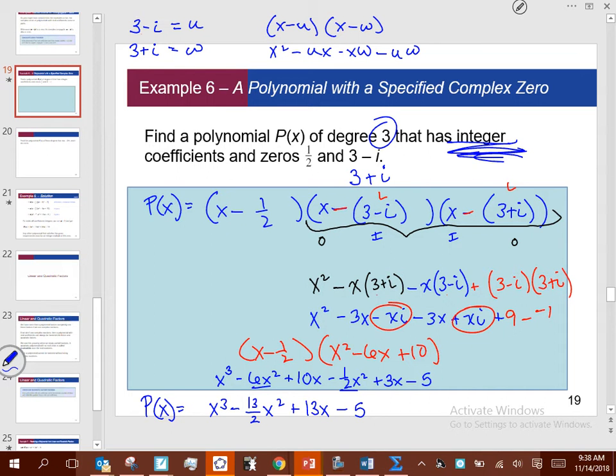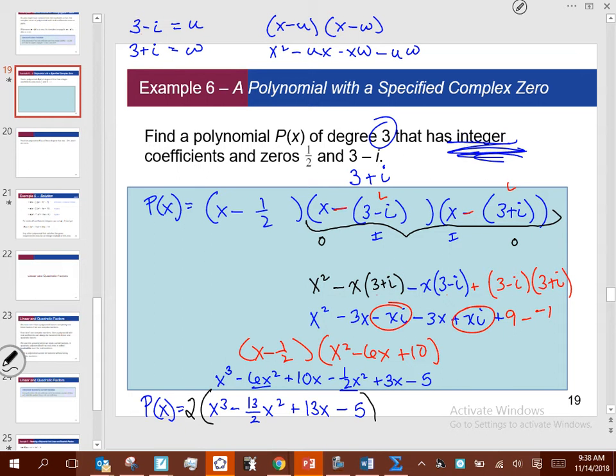Integer coefficients, right? Is this an integer right here? No. So what do I need to do to this polynomial? Okay, multiply by what? Okay, 2 would be fine. Multiply by 4. Multiply by 6. As long as I multiply by an even number, and it could be positive, it could be negative as well.